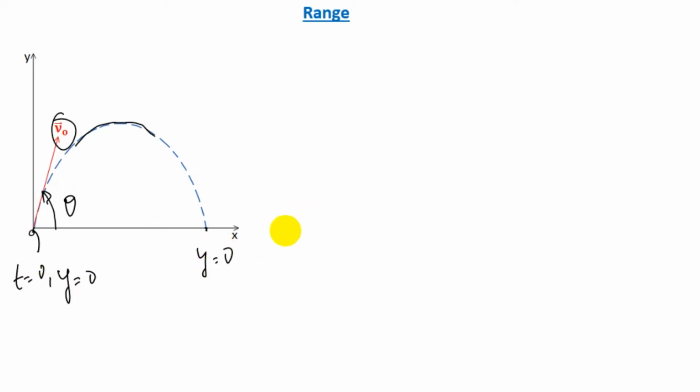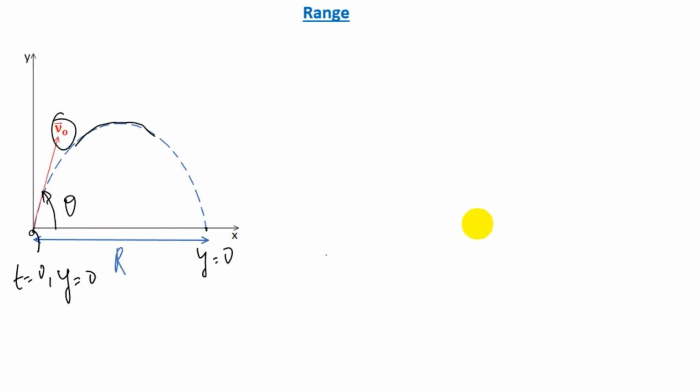And the horizontal distance traveled by the projectile is what we call the range of the projectile. So this will be the range of the projectile. We represent it with R, the horizontal distance traveled by the projectile.